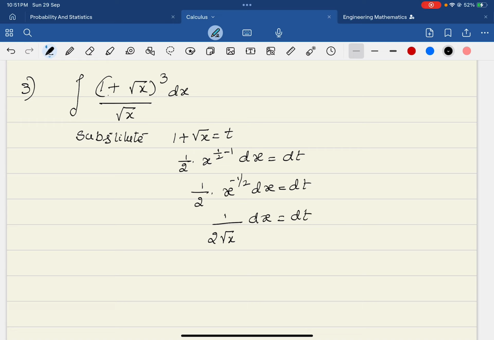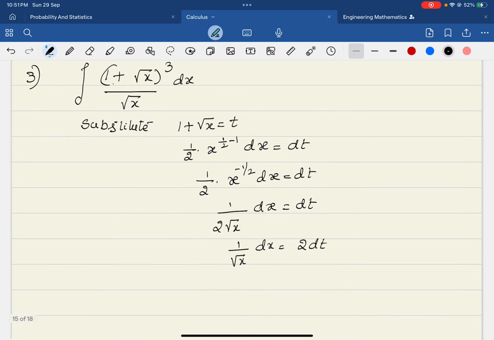So now I have root x only here. You observe in the given problem you have root x only. There is no 2 here. So what we do? We multiply by 2 to get rid of that 2. So we write 1 over root x dx, when you multiply, 2 gets cancelled, right? And this becomes 2 dt. So now let us substitute all this.